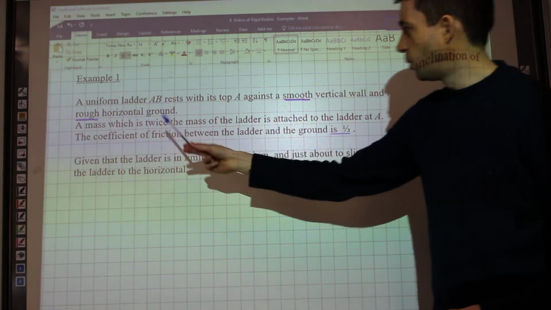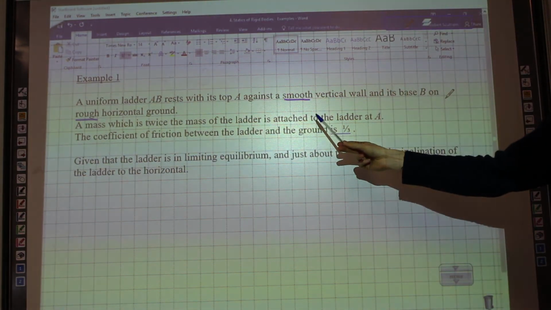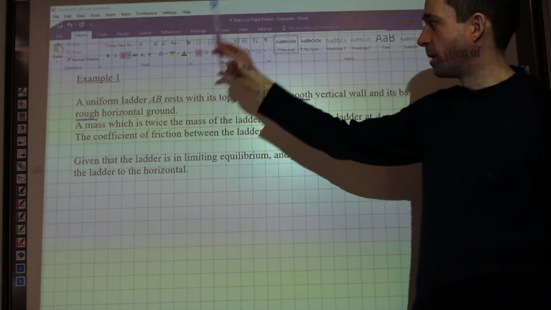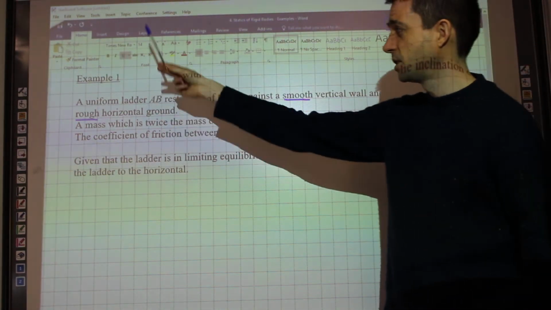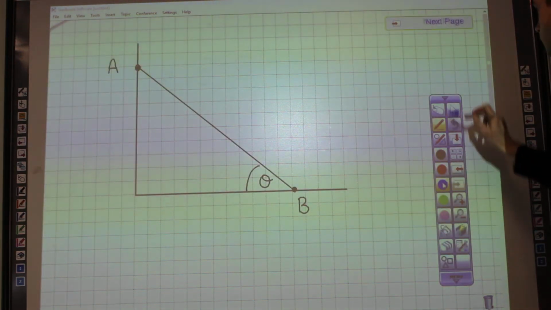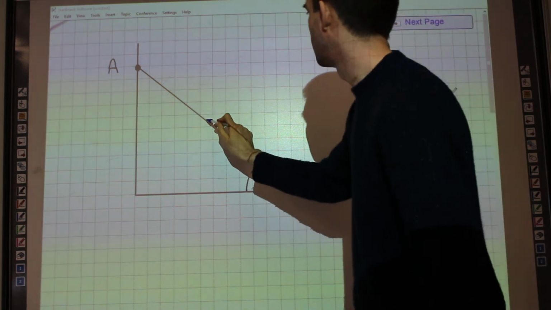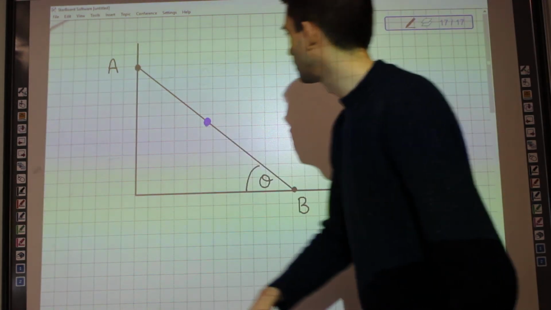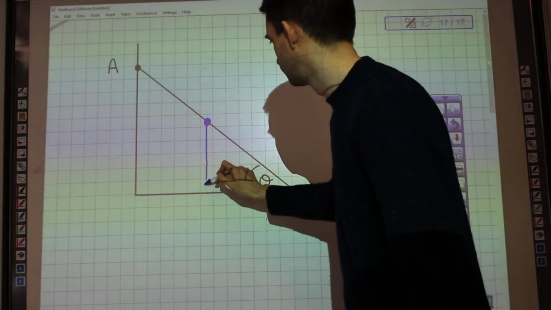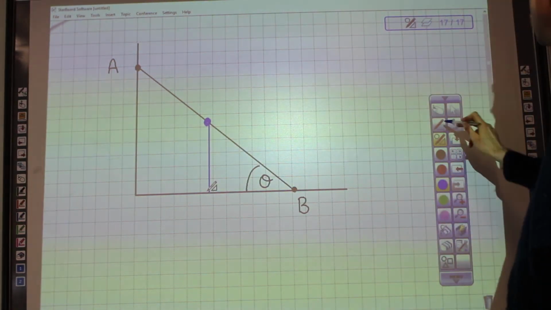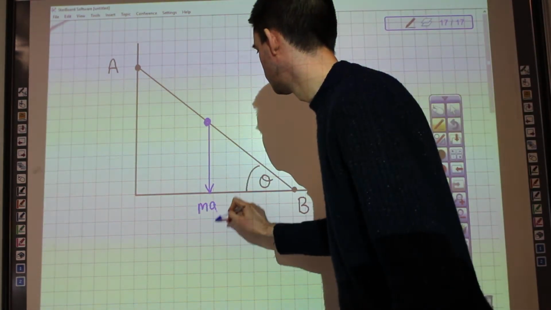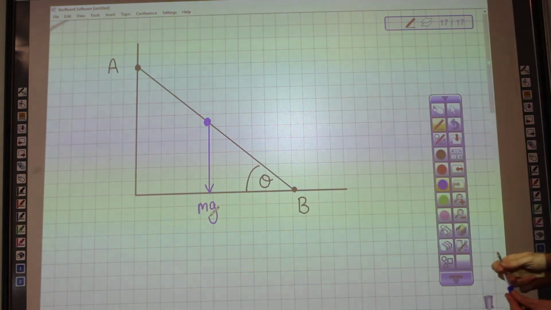Okay, a mass which is twice the mass of the ladder is attached to the ladder at A. Before we put that on, let's just consider the mass of the ladder itself and where that acts. Because it's uniform, it's going to act in the centre of the ladder. So, approximately there. So I'm going to draw a line straight down, that's mg.